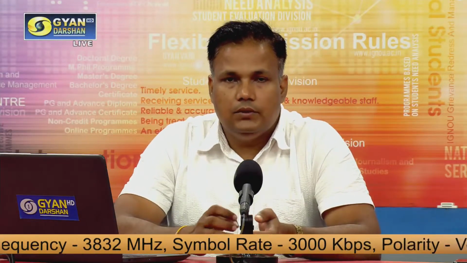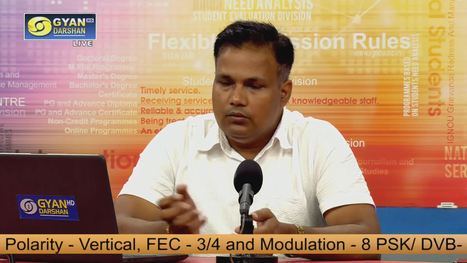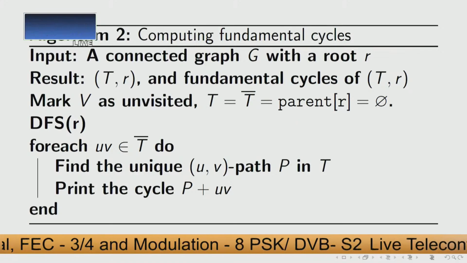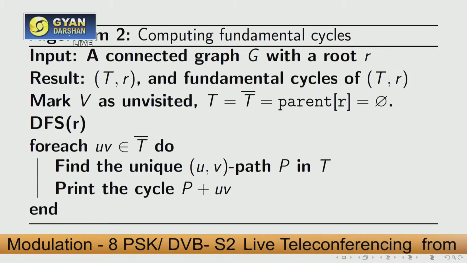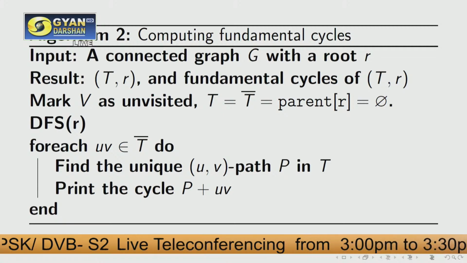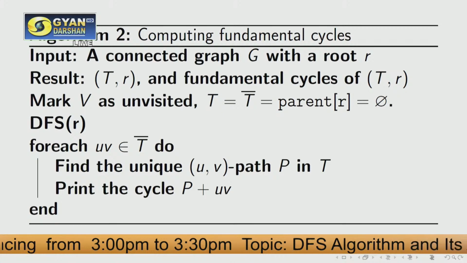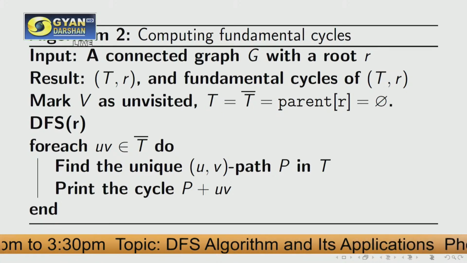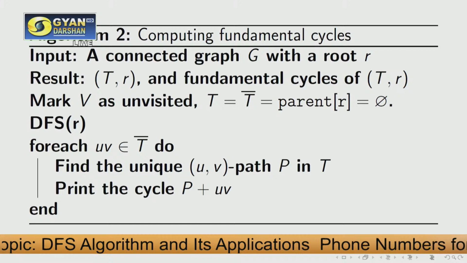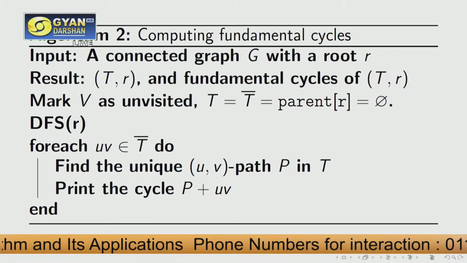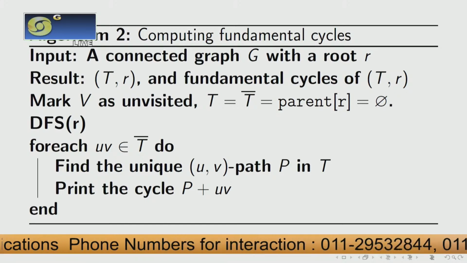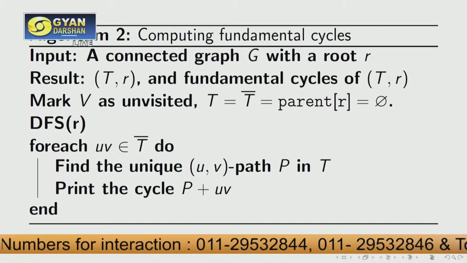So now let us come to the algorithm that finds the fundamental cycles of a given spanning tree. The algorithm is shown here. It takes a connected graph G with the root vertex R, and its output is a rooted spanning tree T_R along with all the fundamental cycles of T_R. As in the case of the DFS algorithm, we mark all the vertices initially as unvisited.